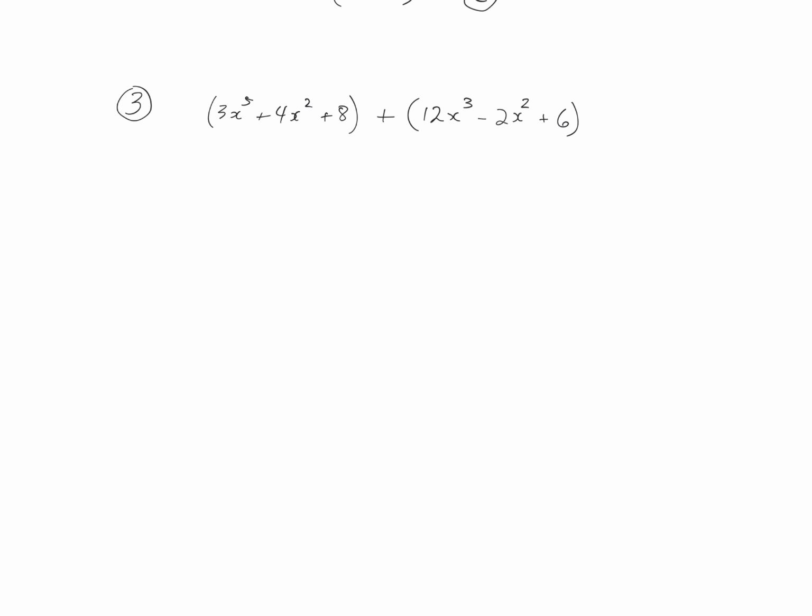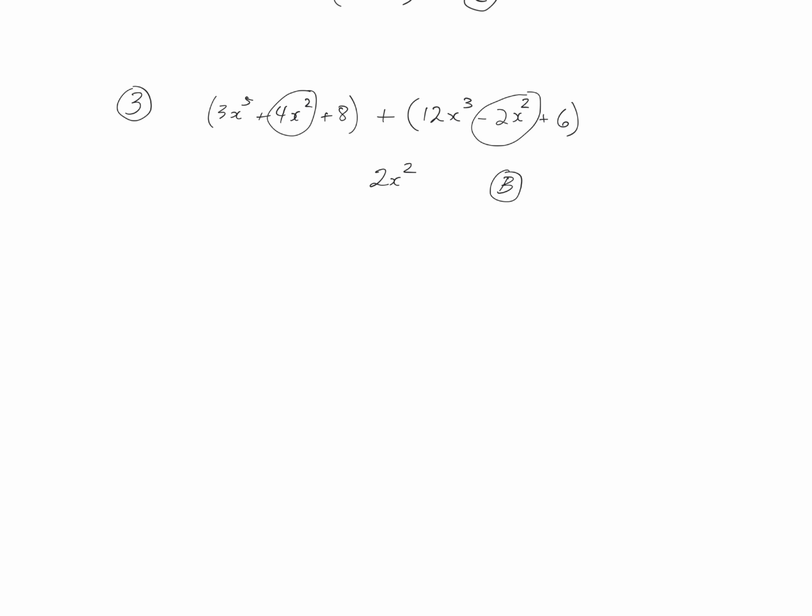If we look at the answers, we'll notice they all have a 14 at the end, and many of them have a 3x to the 5th at the beginning. If you look at this one here and this one here, you will see that when these add up, you will get a 2x squared. And the only answer that contains a 2x squared is B. So B must be the answer, and that is the fastest way to do it.